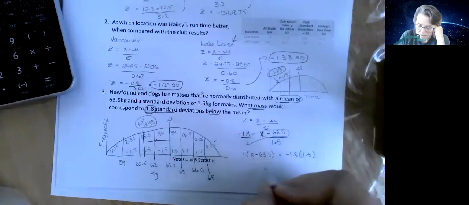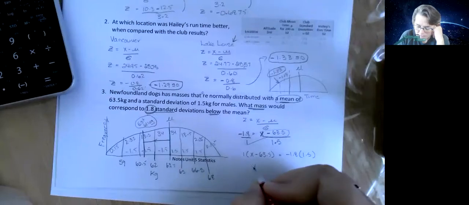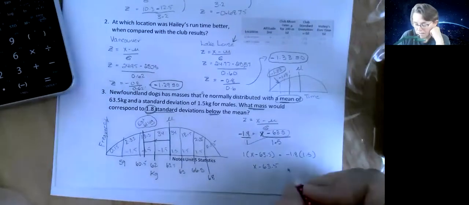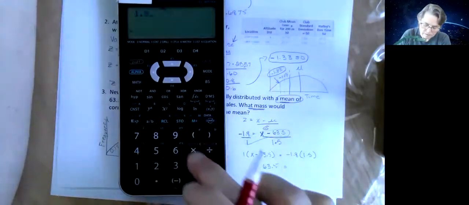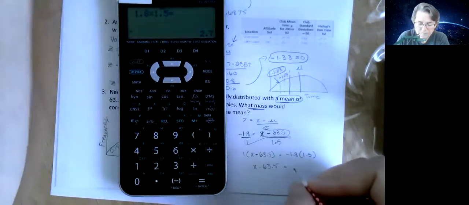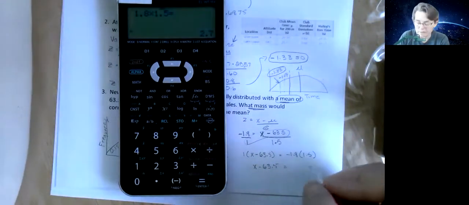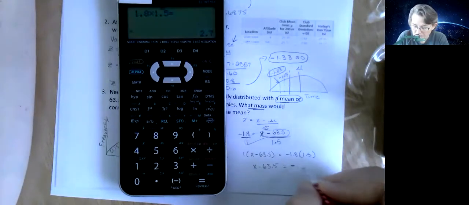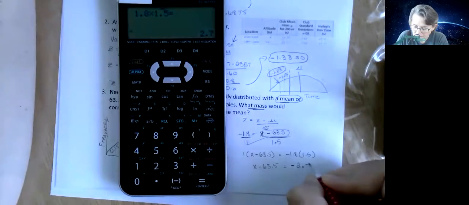So 1 times that just cancels out and my brackets disappear. 1.8 times 1.5 is 2.7. I know I didn't use a negative on my calculator, it bothered me, but I know it's going to be a negative 2.7.